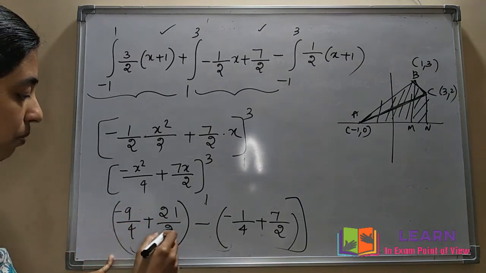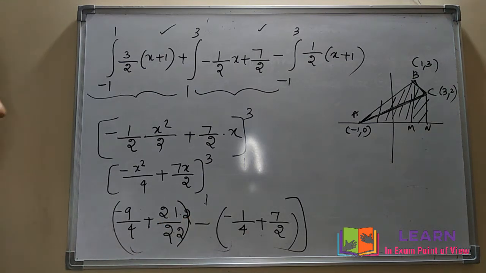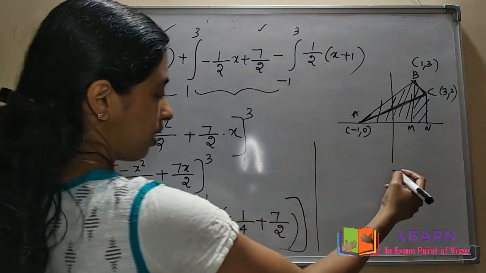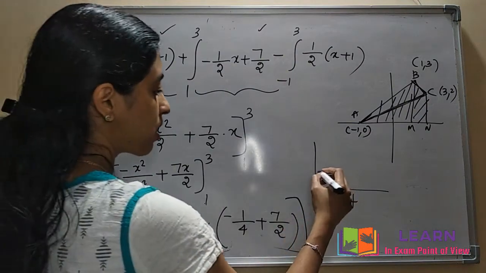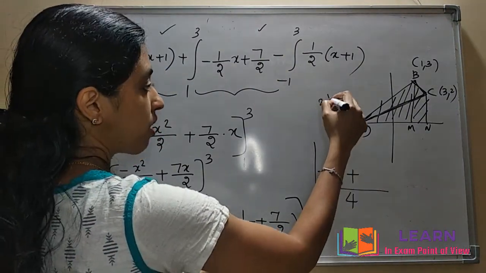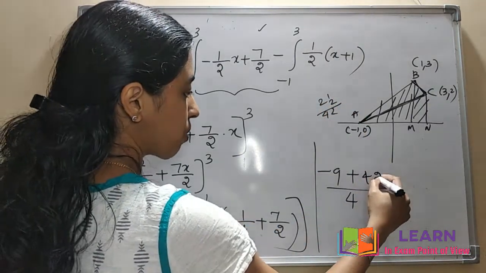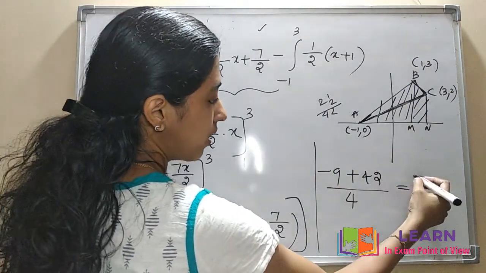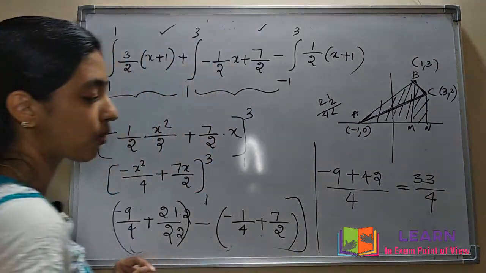Before that we have to make it LCM. Into 2 you can take. Okay. Then on simplifying, what will you get? That is denominator 4. Numerator minus 9 plus 21 into 2, right? That is what? 42. Subtracting this, minus 42 minus 9, that is what? 33, right? 33 by 4.